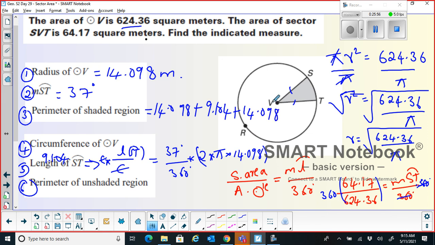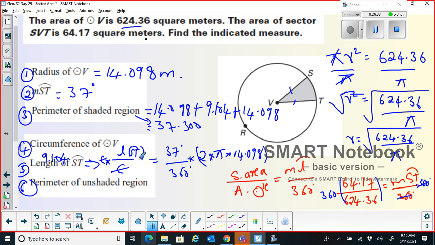Okay, let's simplify this further. I ended up getting 37.300 as the perimeter.